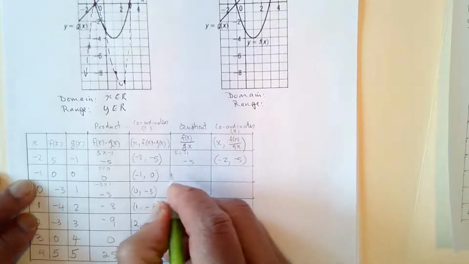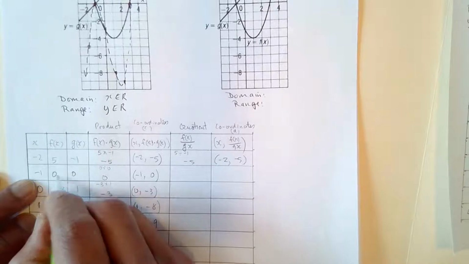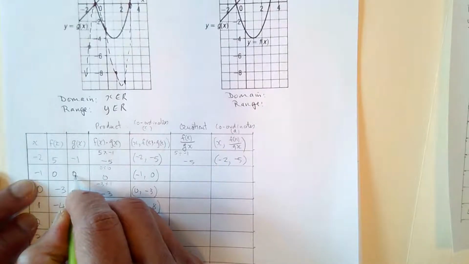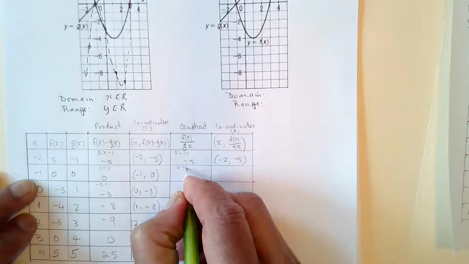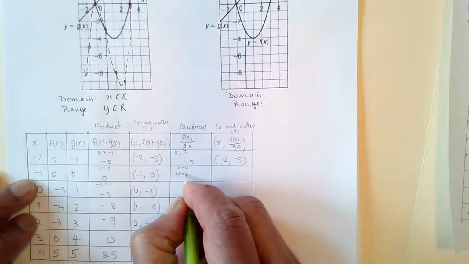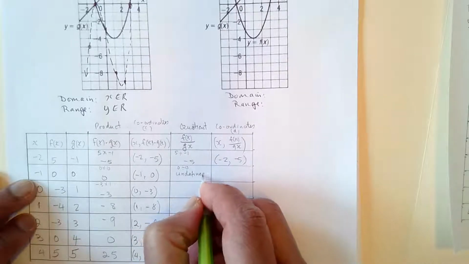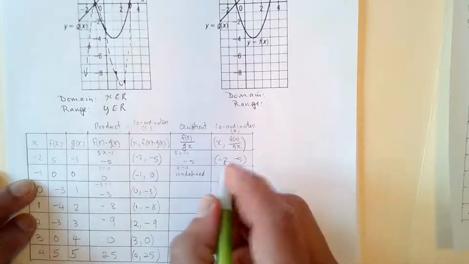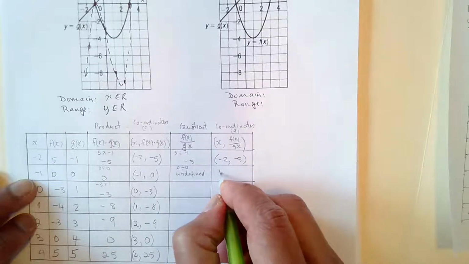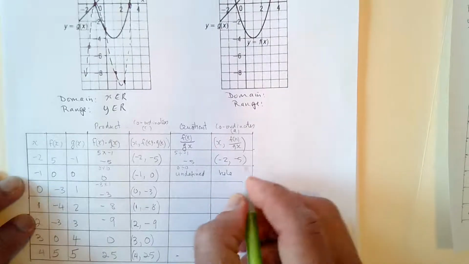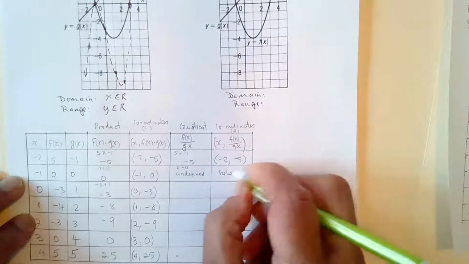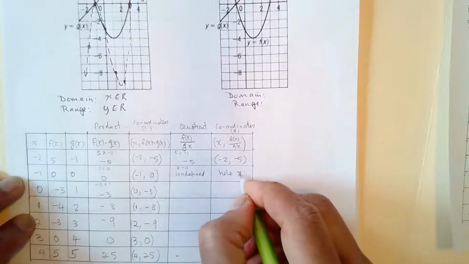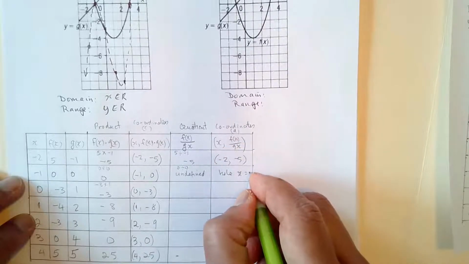Then the next one, we have 0 divided by 0 here. Oh, well, we're in some trouble here because that's undefined. You cannot divide by 0. So it's undefined. So we'll probably have a hole there. So we have a hole here, undefined, where x is equal to -1.